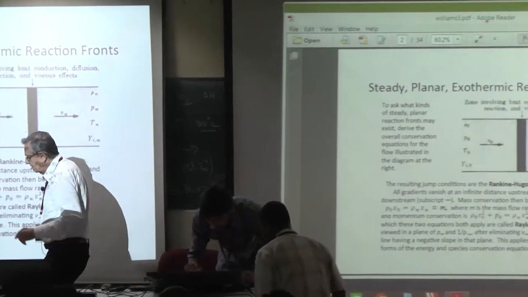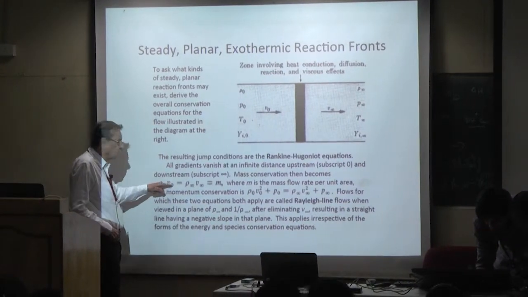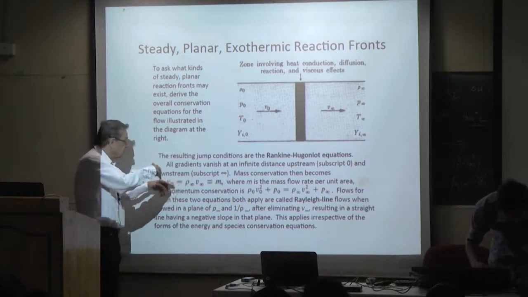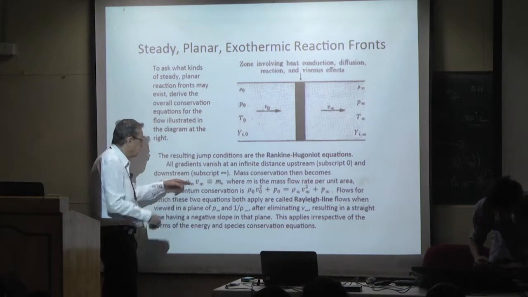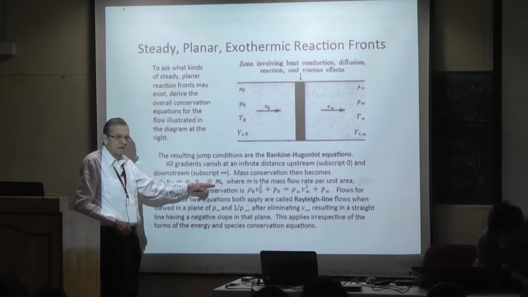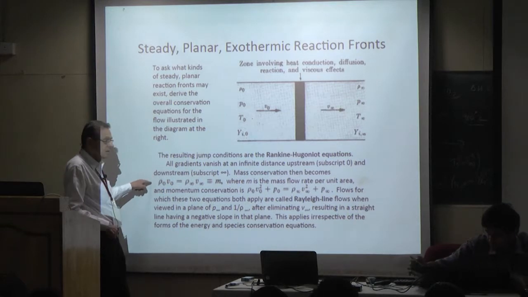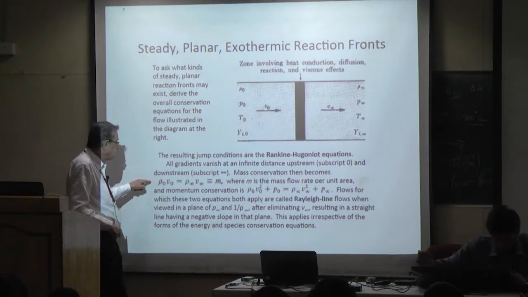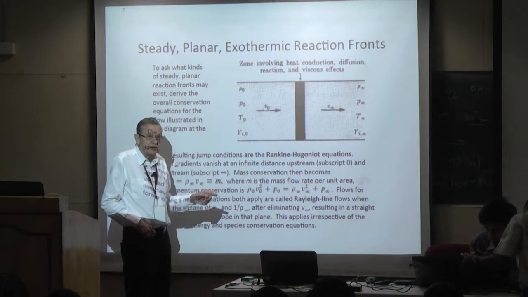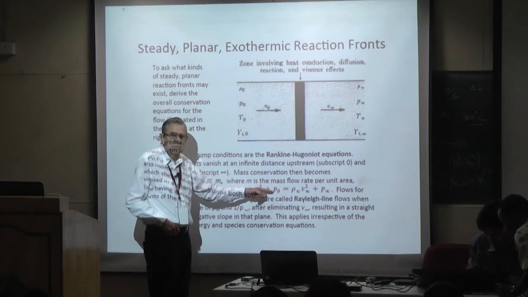At any rate, let me do it this way. Mass conservation just tells you that the mass flow rate, mass per unit area per unit time, in the upstream condition must be the same as the mass flow rate downstream. This mass flow rate is called m. Now, the momentum conservation equation reduces to simply rho v squared plus pressure.